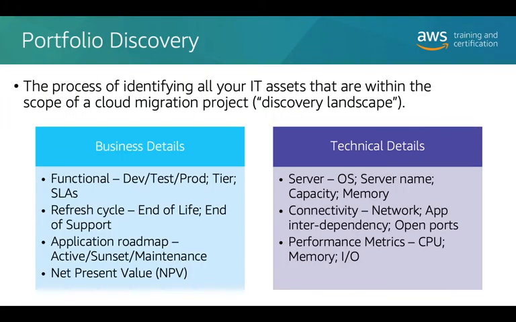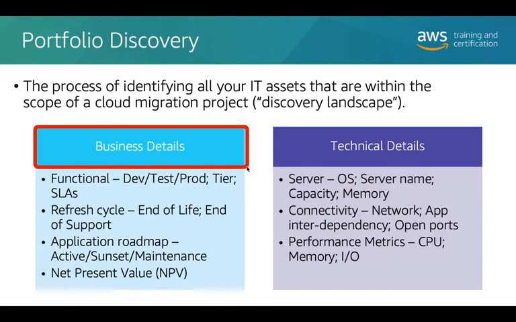Also key to this is what's called portfolio discovery. In order to know what you can migrate, you need to find out what you've got. So you need to understand two things from each of your applications. You need to understand the business details of your application. You know, what's its refresh cycle? Is it end of life? What's its business commitment to it? Effectively, what is the value to the business of each individual application or workload?